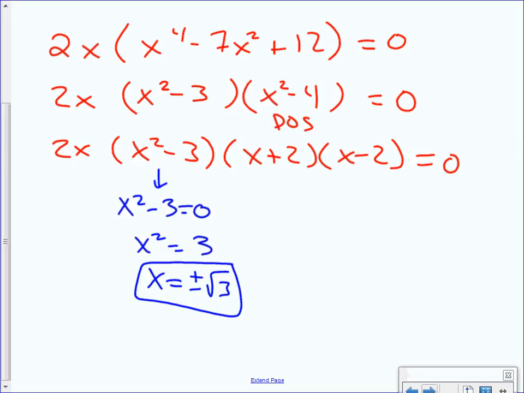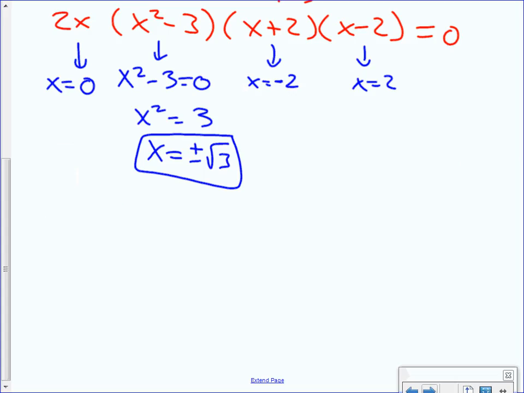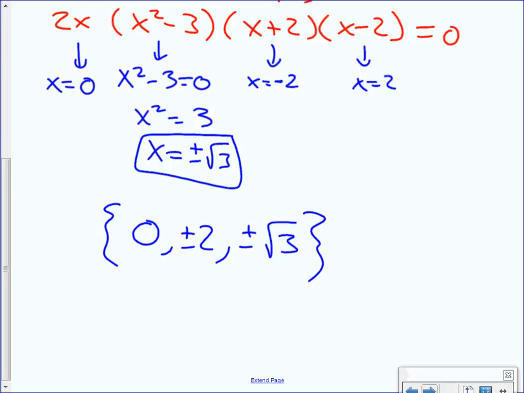And the other ones are easy: x equals 0, negative 2, and 2. So, putting everything together, 0, plus or minus 2, and plus or minus root 3 in whatever order you want. Am I going too fast? That's good. How do I do the next one?